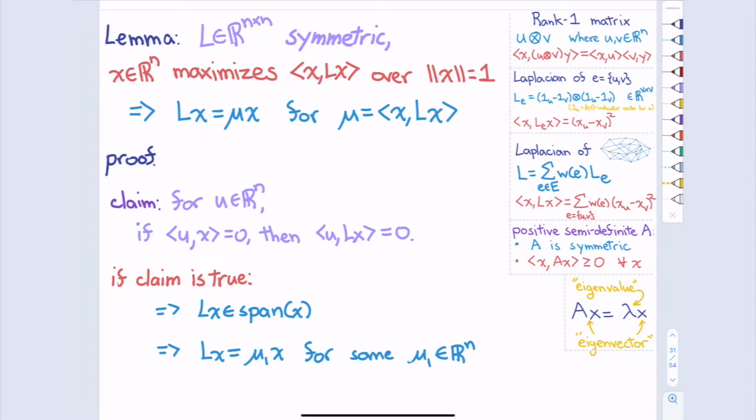Also keeping in mind that x was a unit vector, mu times x is mu, because x is a unit vector, and then one of the mu x's becomes an Lx. So everything works out nicely once we have the claim. The real grungy part is this claim.